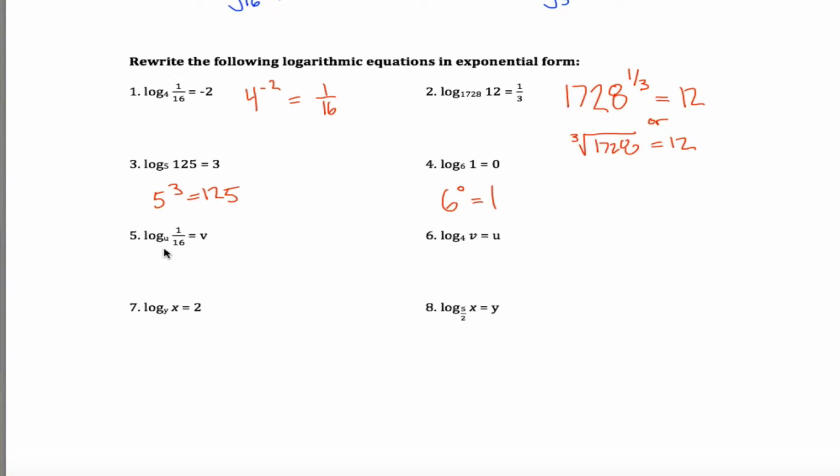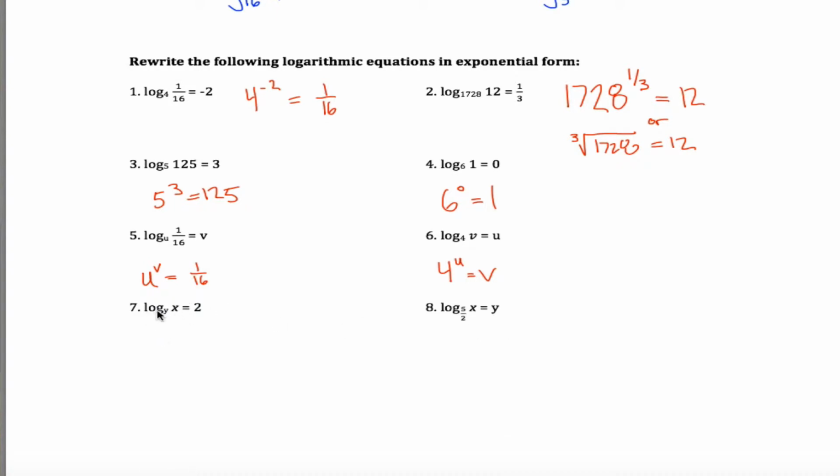Log base u of 1/16 equals v. Okay, it might seem more complicated. You've got letters floating around, but it's really not. It's the same thing. It's just now u raised up to the v power is 1/16. And similarly here, it would be 4 raised up to the u power is equal to v.